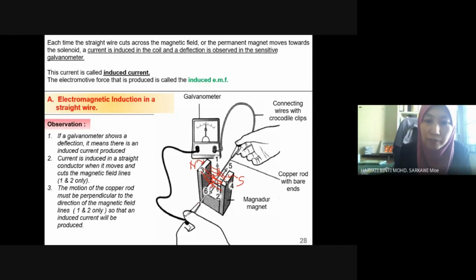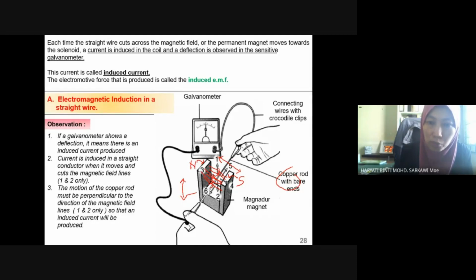Then this is the conductor. If you move the conductor up and down, it can cut the magnetic field lines. But if you move the conductor parallel to the direction of the magnetic field, it won't cut the magnetic field lines.